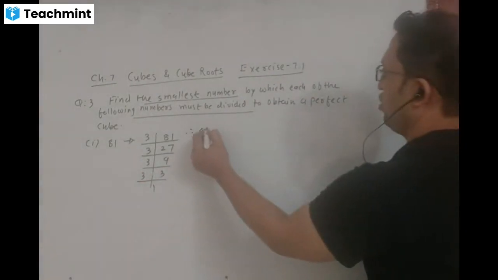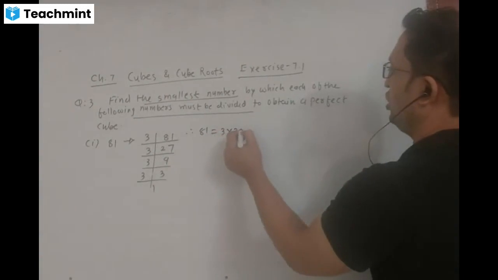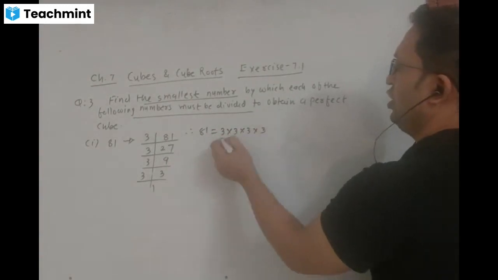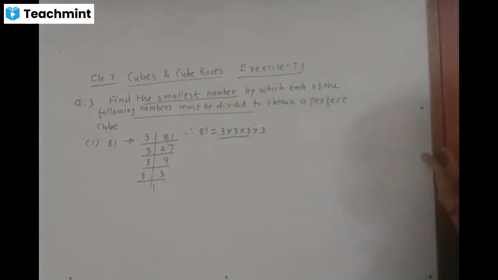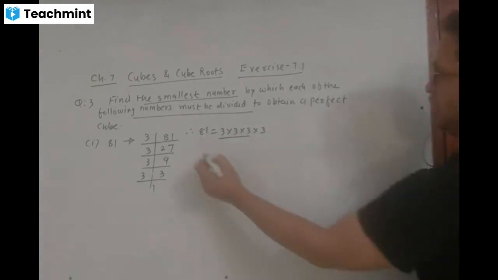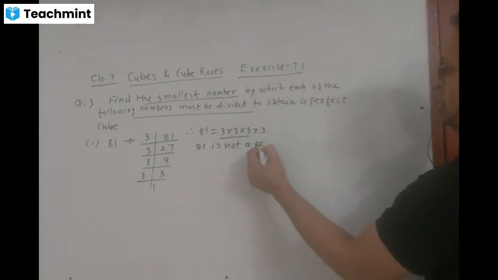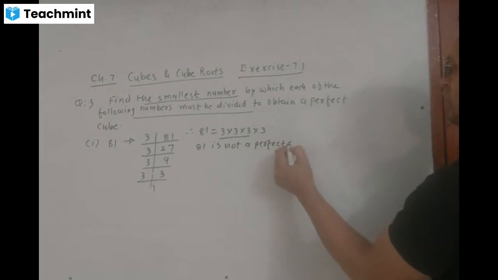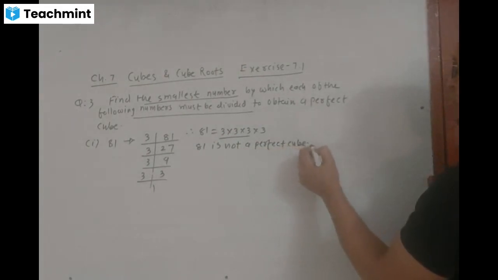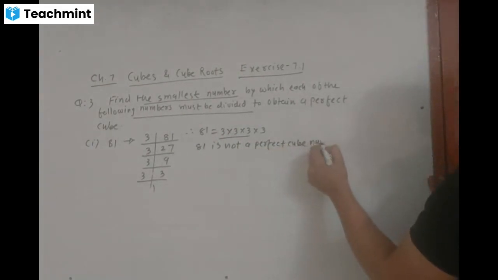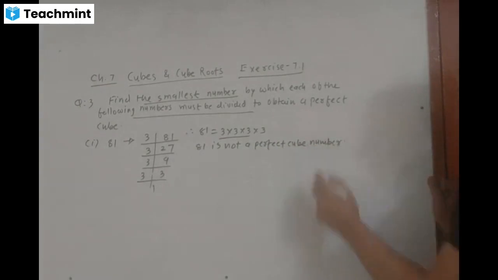Therefore the prime factor of 81 is 3 into 3 into 3 into 3, and that is not a perfect cube number. 81 is not a perfect cube number. And which number should be divided?